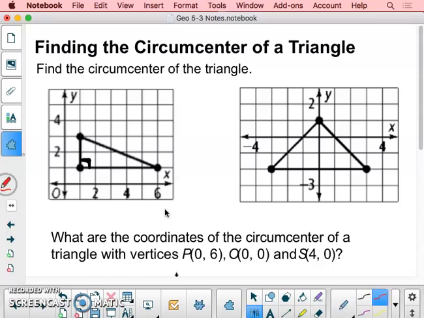So what I need to do to find the circumcenter of the triangle is draw the perpendicular bisectors and see where they meet. To draw a perpendicular bisector, let's think about this side first. I need to find what's halfway through that line. This segment has endpoints of 1 and 6.